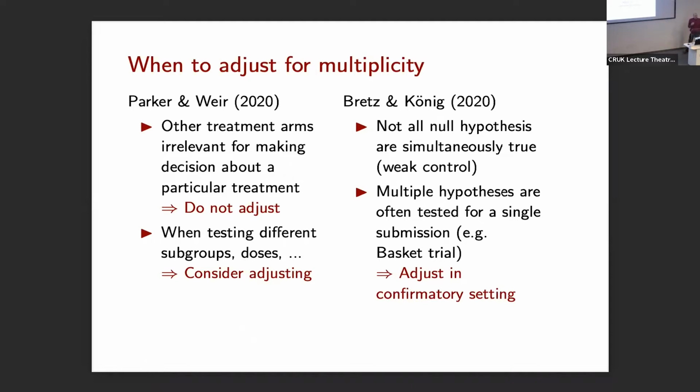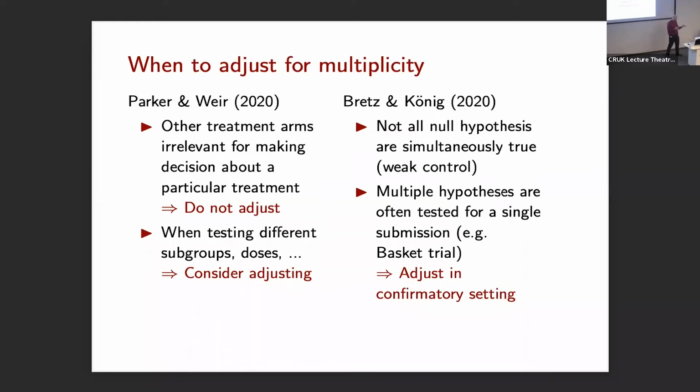And so therefore, once you start thinking about more complex possibilities of the truth, you come into a situation where it's going to become important to control, even if you look at different treatments in the same study. Additionally, they argue if you have multiple tests, you often still have a single submission to regulators, and therefore from a regulatory perspective, it's important to make sure that overall your errors are controlled.